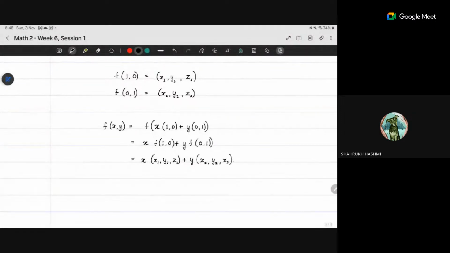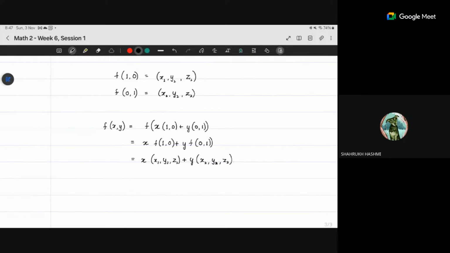Do you understand this computation? Yes, sir. Why did you use this standard basis, like (1, 0) and (0, 1)? You could use any basis, but the standard basis is easier to communicate the idea. I'm saying that whatever f of (x, y) is, that will be a linear combination of (x1, y1, z1) and (x2, y2, z2).